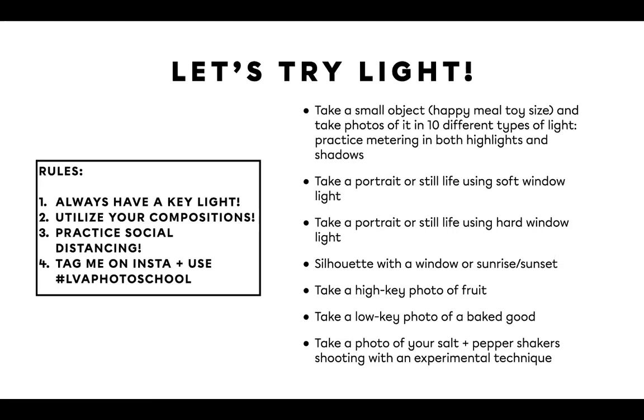And if you don't have a baked good, you can use whatever you want. It's totally fine. And then lastly, take a photo of your salt and pepper shakers using an experimental technique, whether you're shooting through something, using a gel, maybe looking at that intersection of light and shadow, playing around with it.